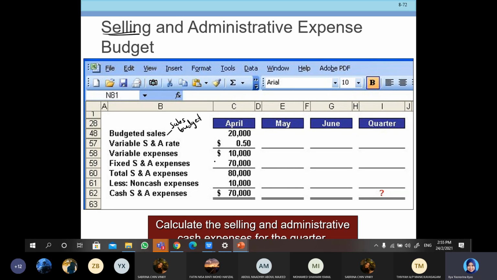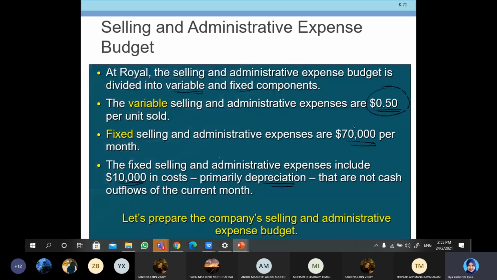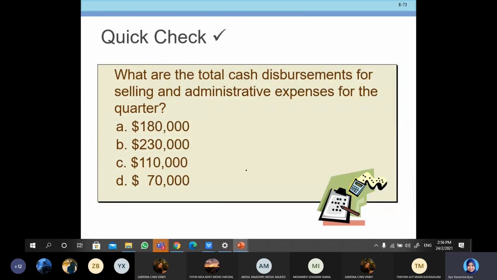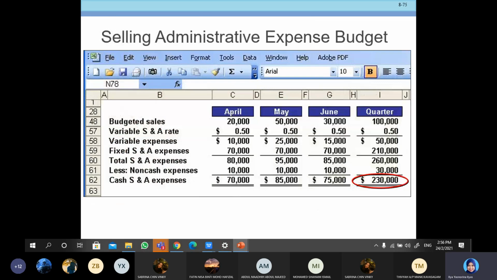Add fixed expenses from the question, then we less depreciation 10,000. So we get cash selling and administrative expenses for April. What about May? May is 85, June is 75, and the quarter is 230.